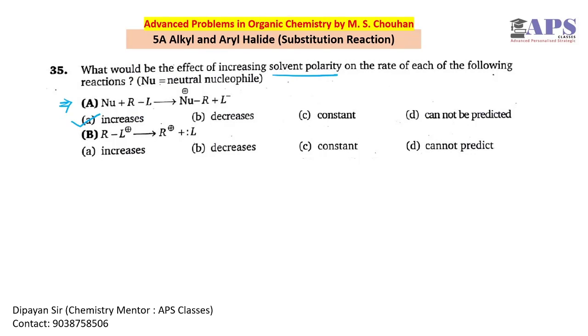Now we are thinking about the second type of reaction, where the R-L plus leaving group is initially positively charged, and this gives R plus and L, which is neutral. We are taking another example: CH3NH3 plus.